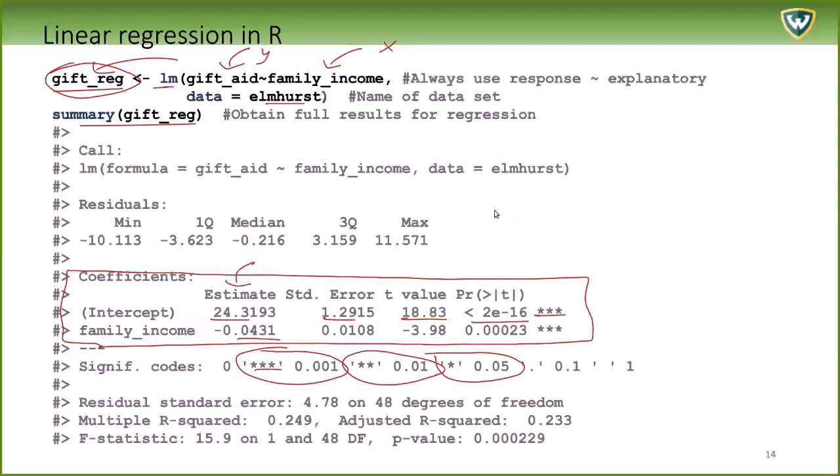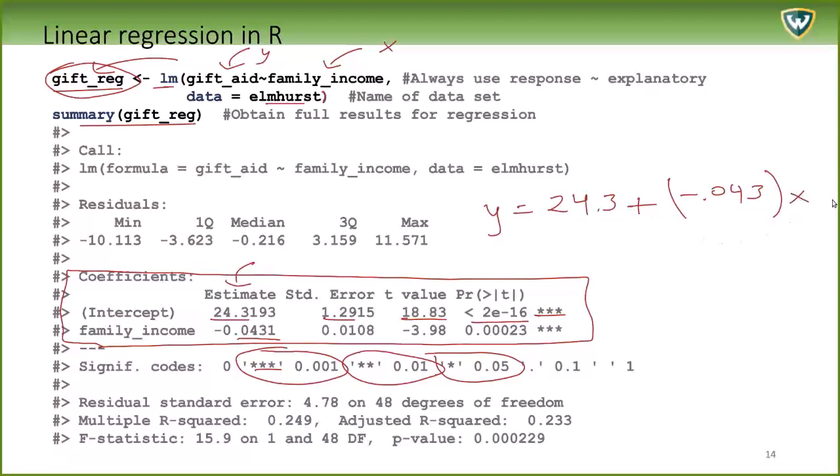And then here's the actual value, 0.0431. So if we were to put it in that equation, it would be y, that is gift aid, equals 24.3 plus negative 0.043 times X, which is family income.